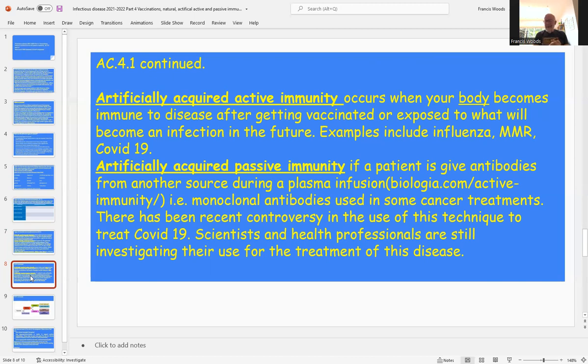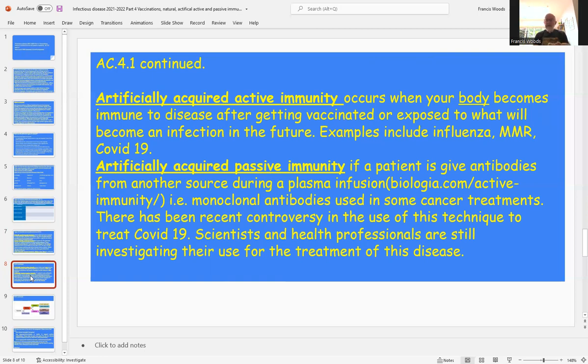Artificially acquired passive immunity is if a patient is given antibodies, directly through blood infusions. Now, these antibodies are grown in a lab. Sometimes they're used for cancer treatments when a person is undergoing cancer treatment and their immune system may be at a very low ebb, so they give antibodies in the plasma to help them as their body is going through the cancer treatment, because their immunity might well be compromised.